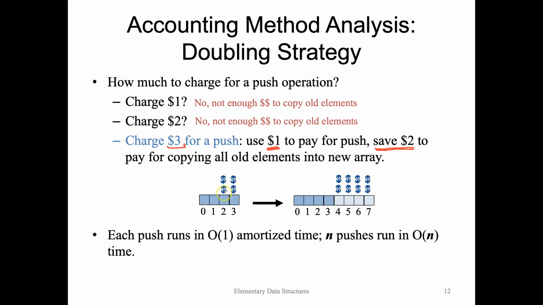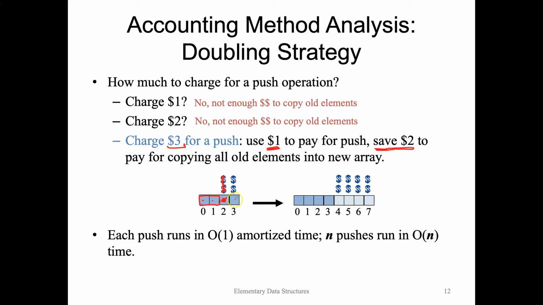So let's say we have a $0 balance at the moment, and we've already placed the first 2 items in our array, and we have no money to work with just yet, but when we push this item here, we pay the computer $3. It uses $1 in order to actually place the item at index 2, and then it saves $2 extra here. Okay.